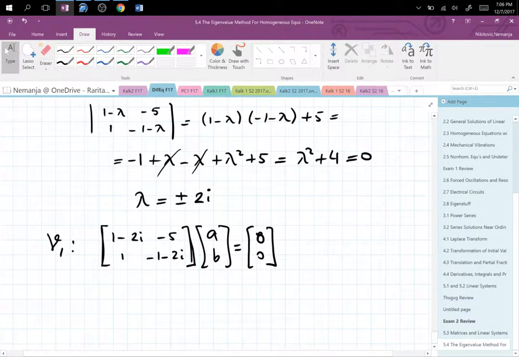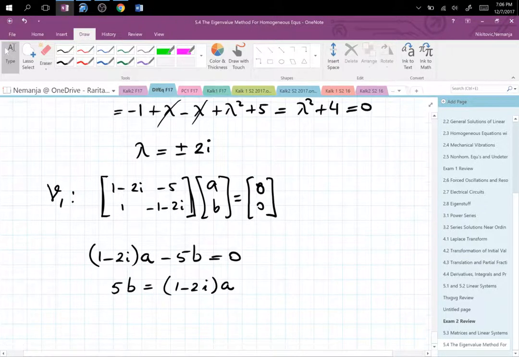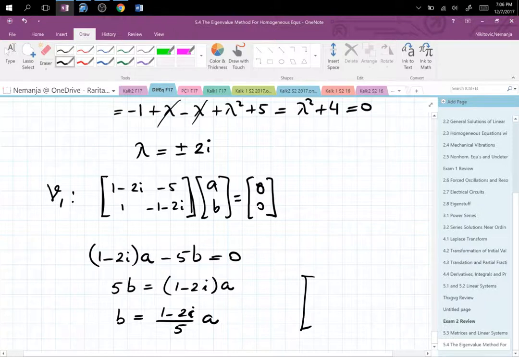So we have 1 minus 2i times a minus 5b equals 0. And this is where 5b is equal to 1 minus 2i times a, and therefore b is equal to 1 minus 2i over 5 times a. So if you choose your a to be 1, then b is 1 minus 2i over 5.